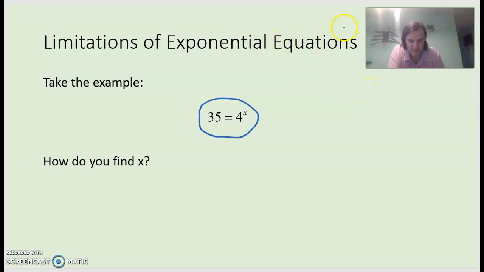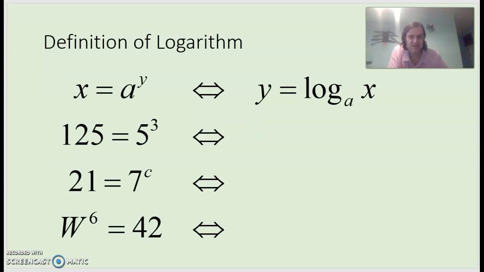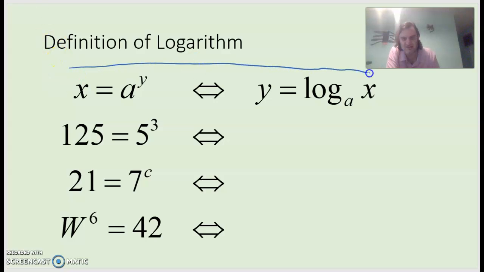So it would be nice if we could get that x there, the thing that we're trying to solve for, out by itself. And that's what the logarithmic function is going to do. So here in the top is the definition of the logarithmic function. Okay?